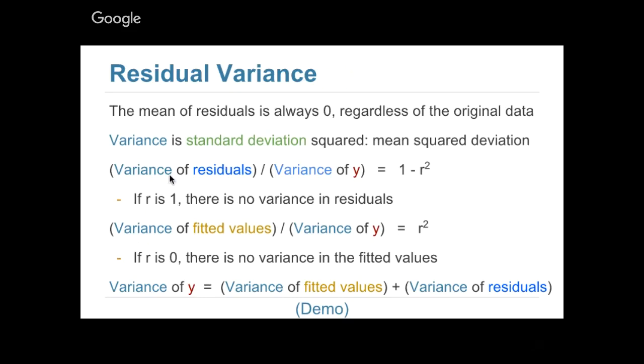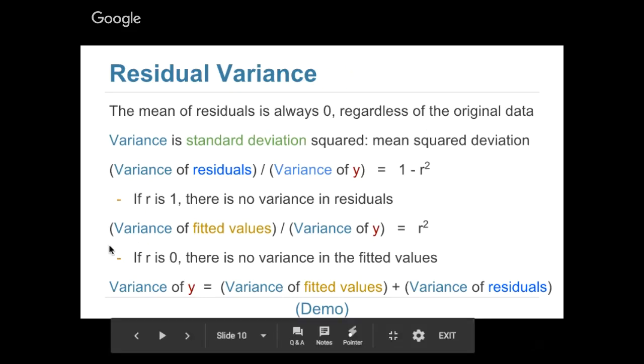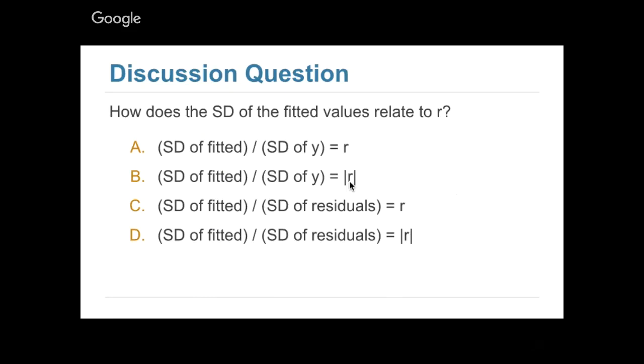So the SD of residuals over the SD of Y is the square root of 1 minus R squared. If, on the other hand, I look at this one over here and square root both sides, I get the SD of fitted values over the SD of Y equals the square root of R squared, which becomes the absolute value of R, if you recall. So that means that B is true indeed.